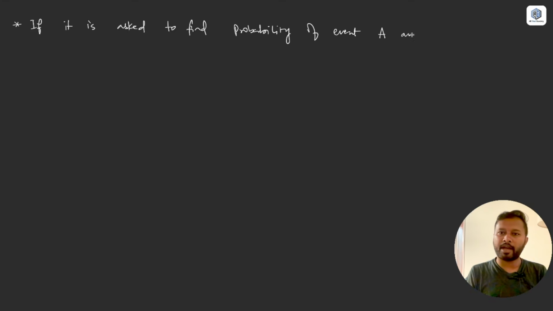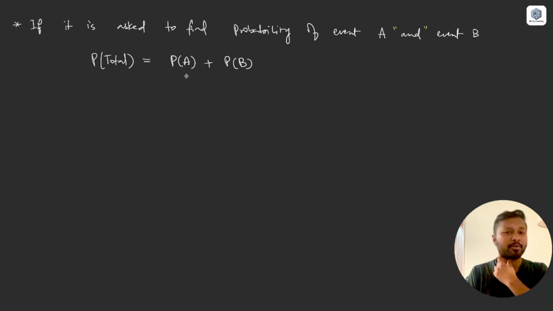Basically, if you are asked to find the probability of event A and event B, remember this term is very important, then your total probability, P total, will be probability of A plus probability of B. So you have to add the probabilities of both of them.